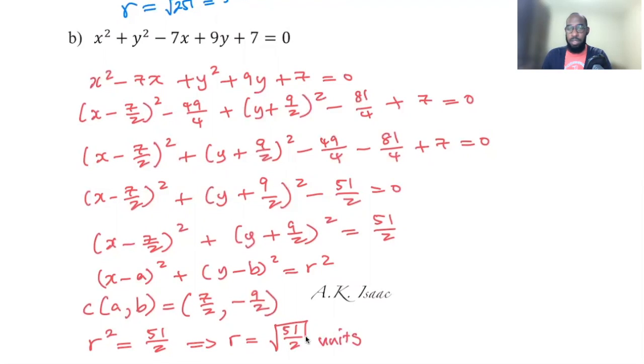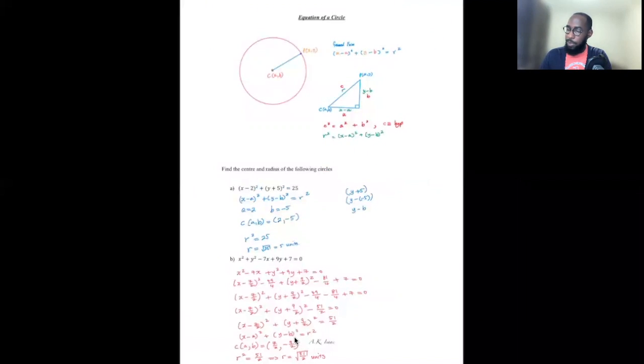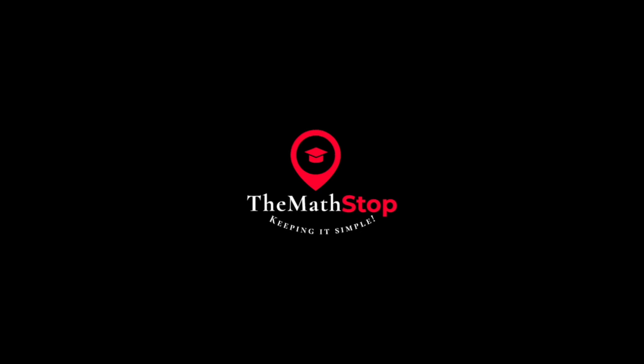Because I cannot simplify it further, I will leave it like this. So we have the center and we have the radius. So that's it for the equation of the circle in relation to finding the center and radius.